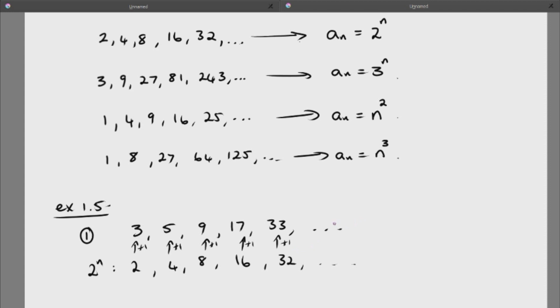That means the given sequence has formula 2 to the n, everything plus 1. Because that's exactly what I did. I took the 2 to the n sequence and I added 1. How do we feel about that?